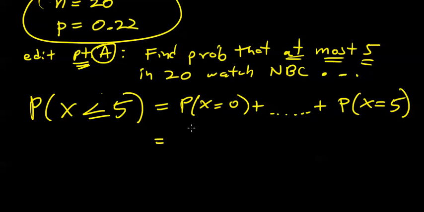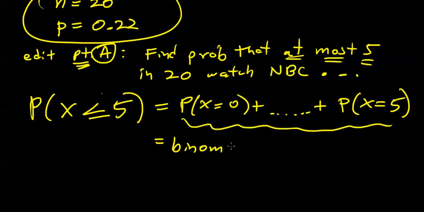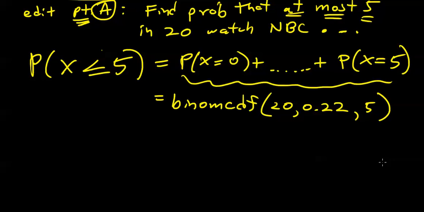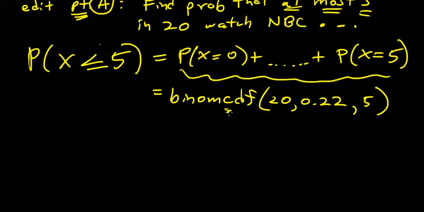I claim I can get all this pretty much in one iteration if I use the cumulative distribution command, binomial CDF, with 20 trials, a 0.22 success in any one trial, and just plug in the x value of 5, and the cumulative distribution function will automatically add up all the cases of x below 5.